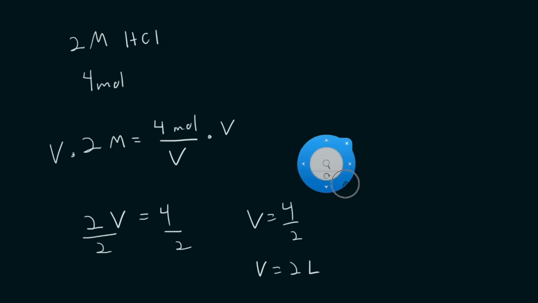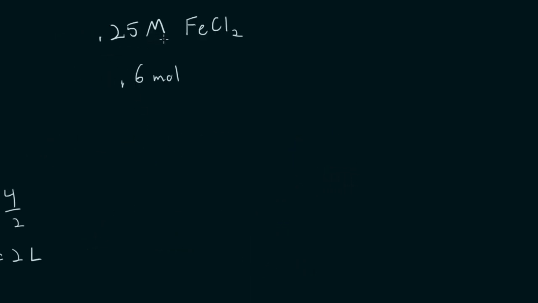Let's try one more like that. Let's say I've got a 0.25 molar solution of iron(II) chloride, and I need to get 0.6 moles out of that. So I'm going to set that equation up. I've got concentration equals number of moles over volume. This should be committed to memory. The concentration is 0.25 equals 0.6 divided by volume.